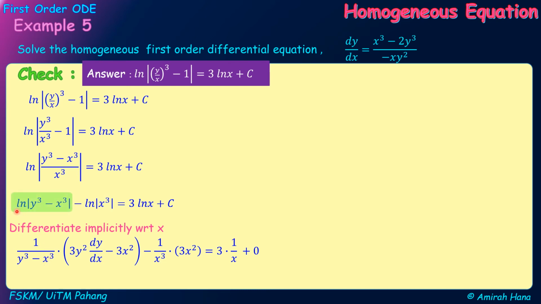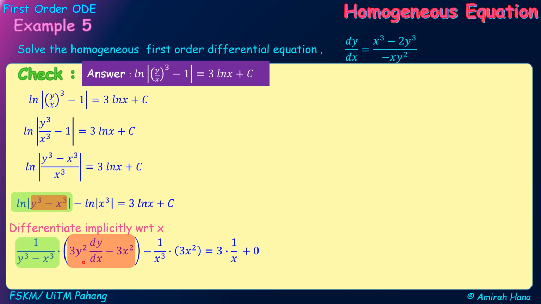When we differentiate ln |y cubed minus x cubed|, first we get 1 over (y cubed minus x cubed), and then we multiply by the derivative of the function inside the ln. We differentiate y cubed, we have 3y squared times dy over dx.